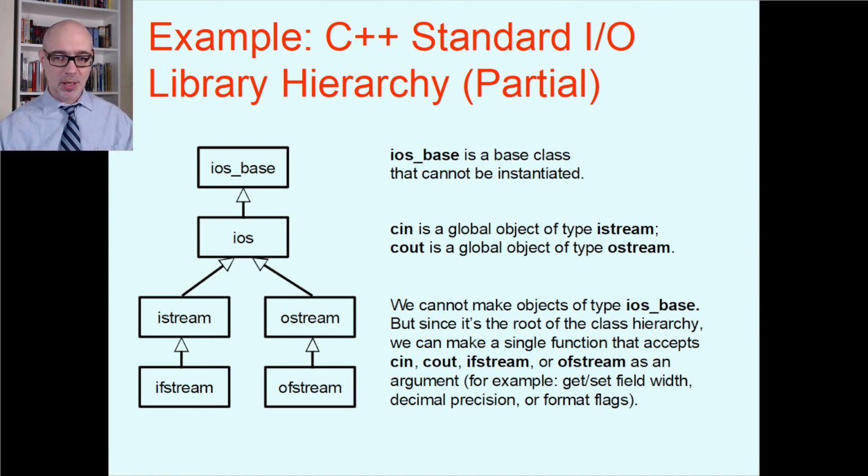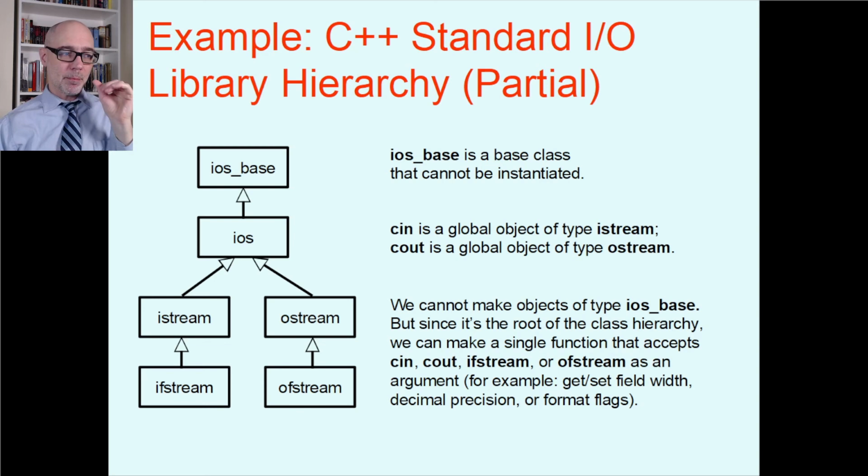For example, like it says down here, get or set the field width, like the setw function from iomanip, or set precision, set the decimal precision on that object, right? Or there are other formatting flags you can deal with because they're all inherited from ios_base. So every single type of object in this entire class hierarchy knows about field widths and decimal precision and other formatting flags.